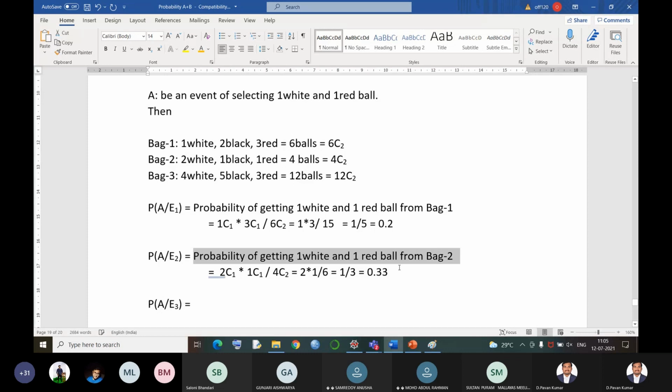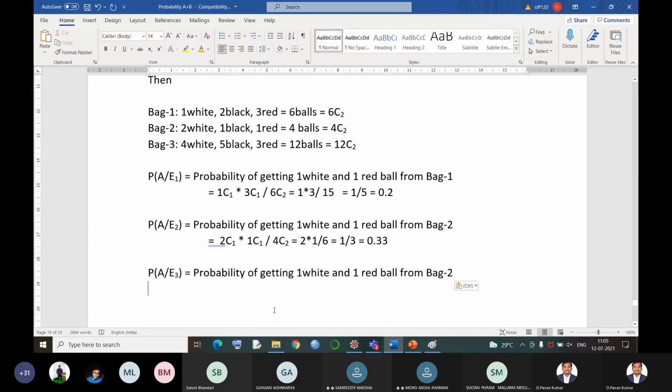Now similarly, the probability of getting one white and one red ball from bag 3 is, let me copy this. Now we have 4 white, so 1 out of 4 can be drawn in 4C1 ways, and we have 3 red balls, so we can draw 1 red ball out of 3 in 3C1 ways, and the total number of balls is 12, so we have 12C2.